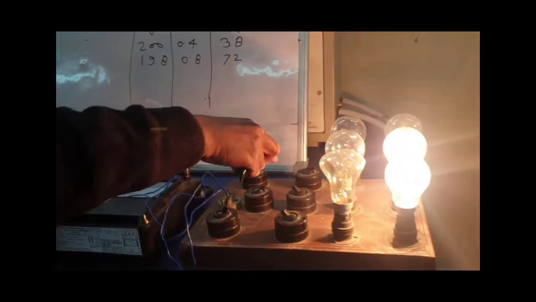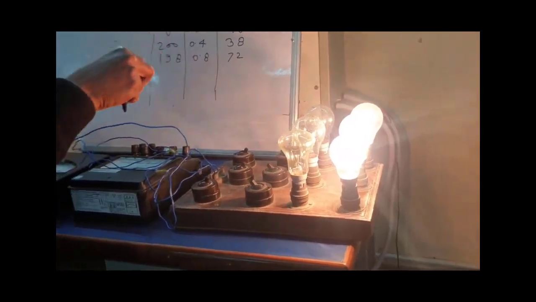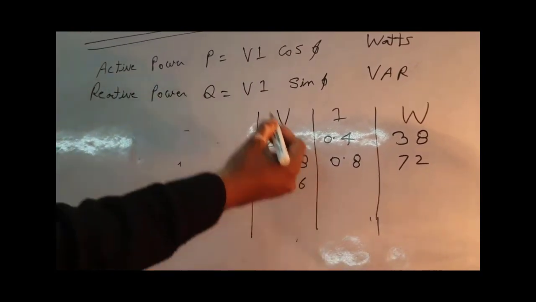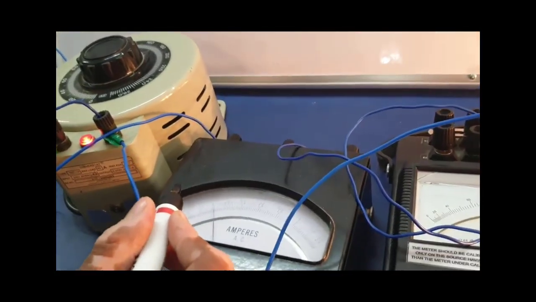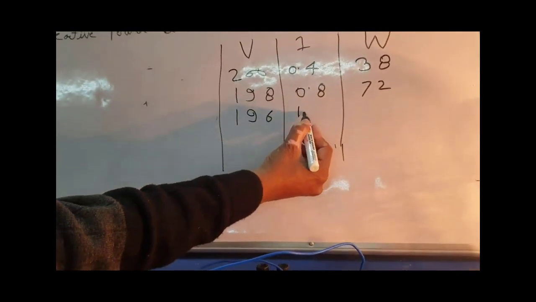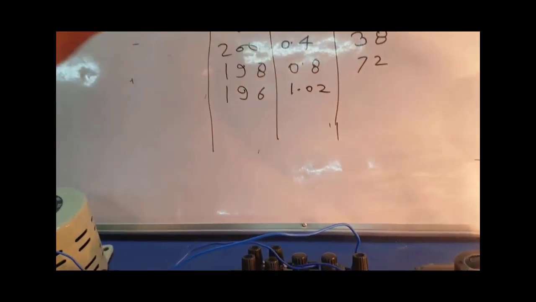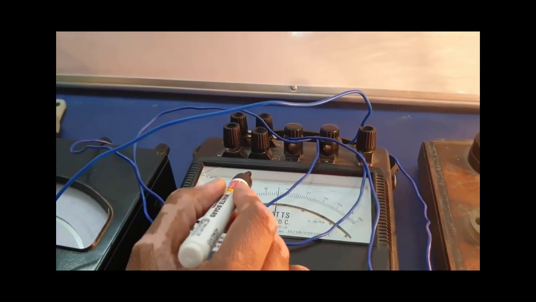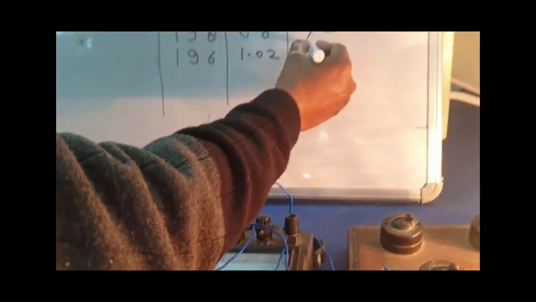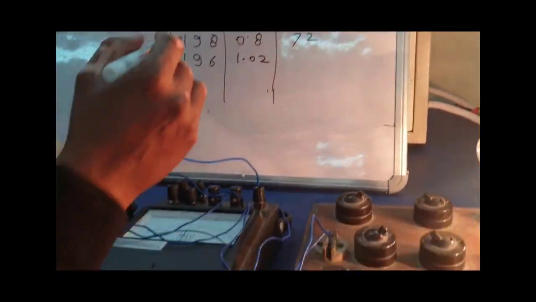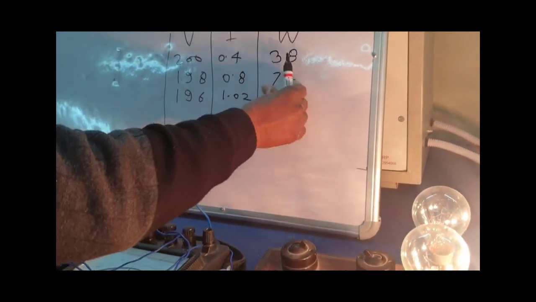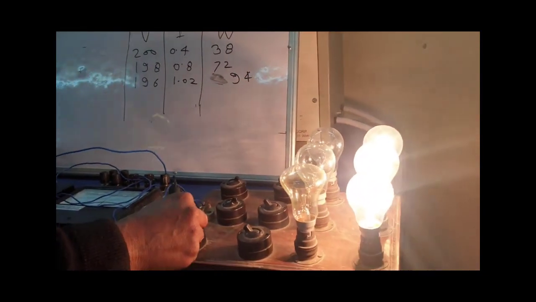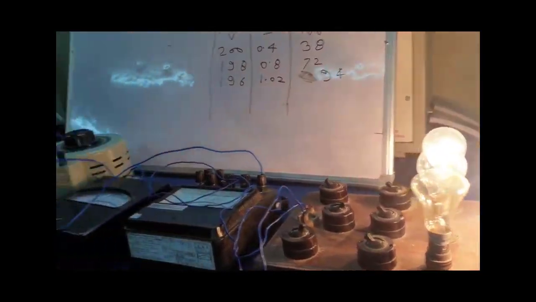Next, for the third reading, switch on the third one and take the observations. 196 is the voltmeter reading, and the ammeter reading is 1.02, and the wattmeter value is 94.